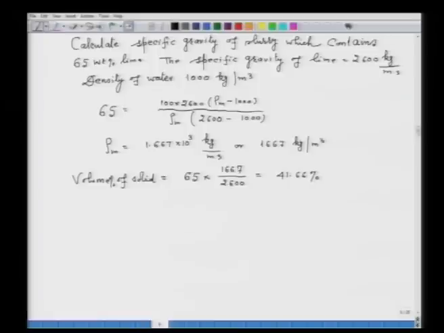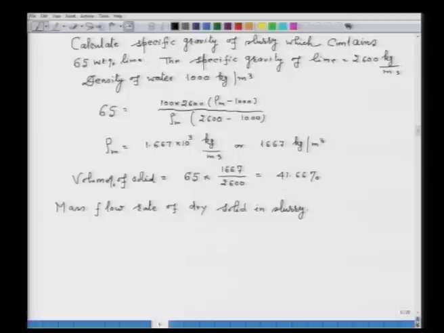That is how you can find out the wet percent of solid in a slurry or volume percent of solid in slurry. Now, it is also important to find out the mass flow rate of dry solid in slurry.